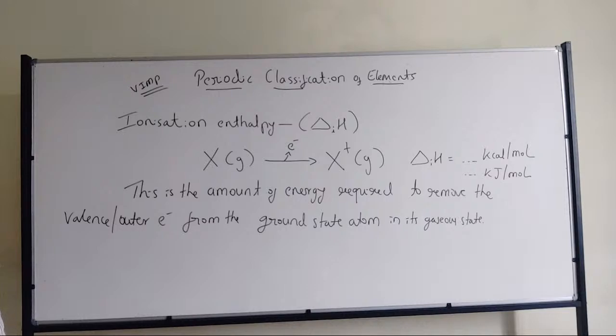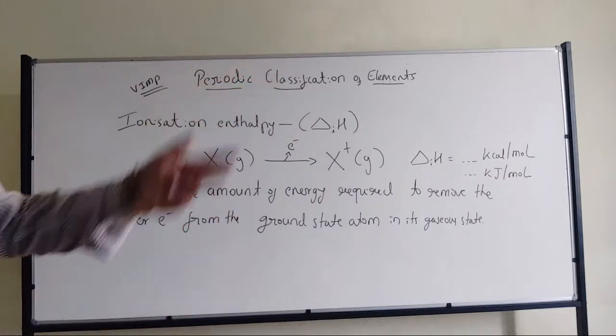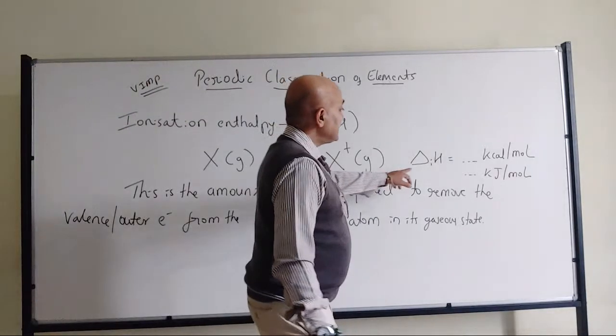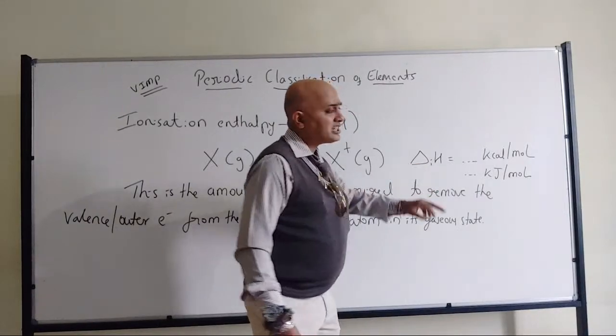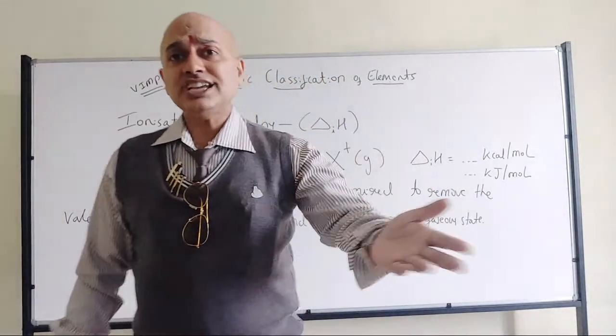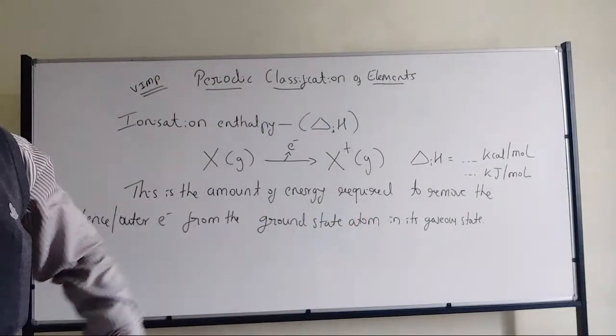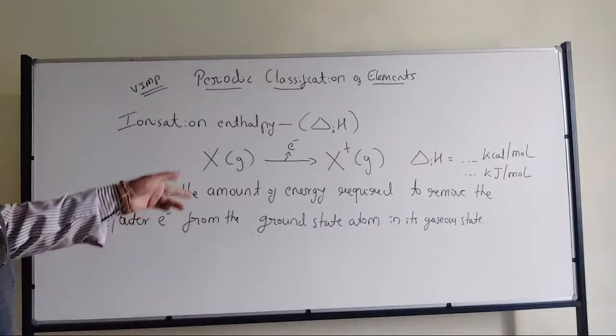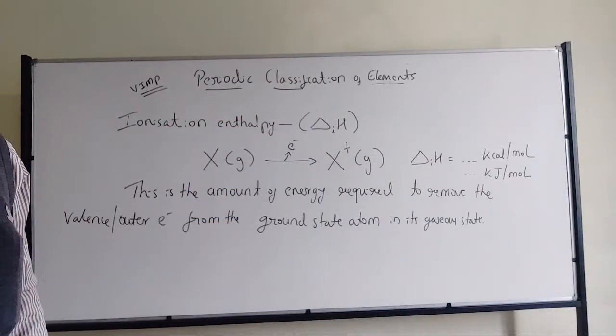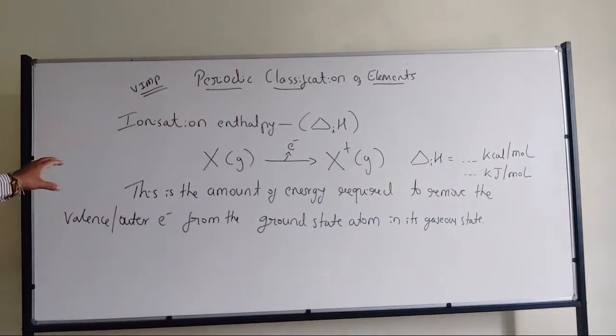Change in enthalpy, because delta stands for something getting changed. Initially some energy was there, afterwards some energy was there. That way you can explain it, or you can simply mention it as the amount of energy.